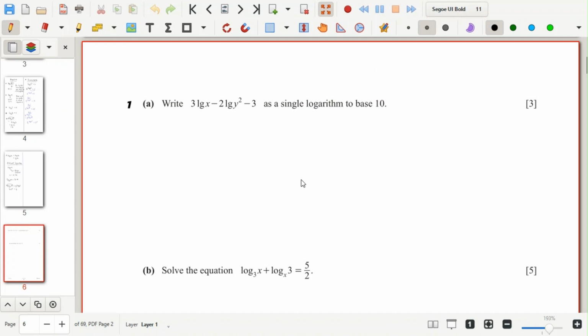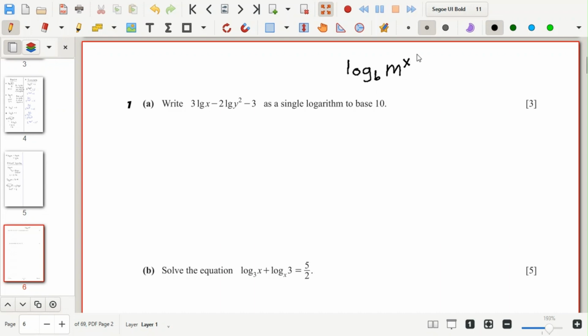All right, so now let's look at the first question. We have been told to express this log function as a single logarithm to the base 10. When you are told to express an expression as a single logarithm, that means at the end of the day you are supposed to get something like this: just the argument and the base, or the argument raised to a certain power in addition to the base.